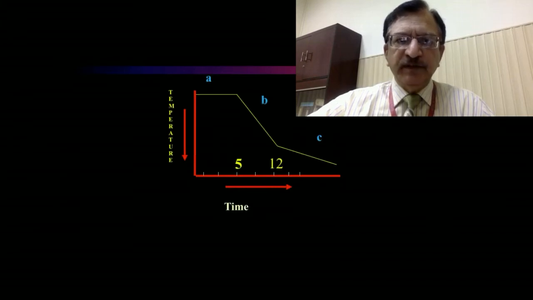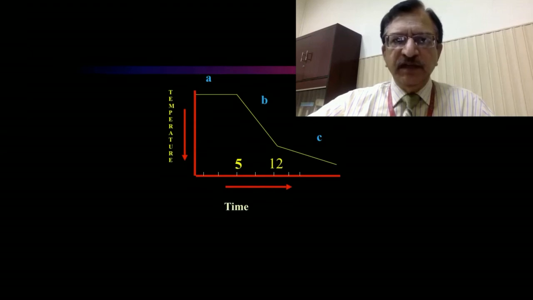So the initial A part of the curve shows the body maintaining its temperature through the insulating covering and anaerobic glycogenolysis, and in part B, when the gradient has been established, the body starts losing its heat. After 12 hours, this loss will be slower because the body is now approaching the environmental temperature, and the loss will be at a lower pace.